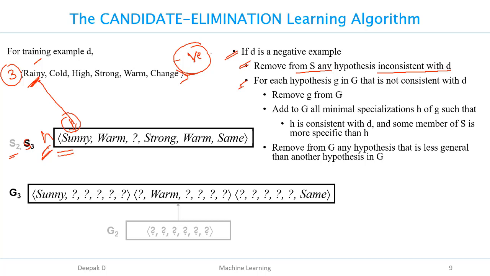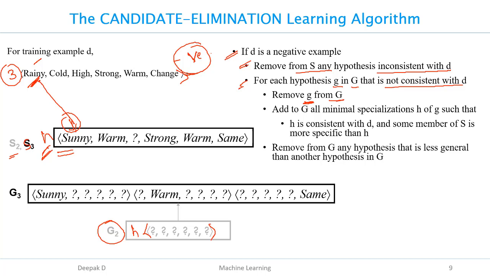The second step is, for each hypothesis g in G that is not consistent with D, you have to remove g from G. So here you have the second, that is G2, a hypothesis which accepts all the values.